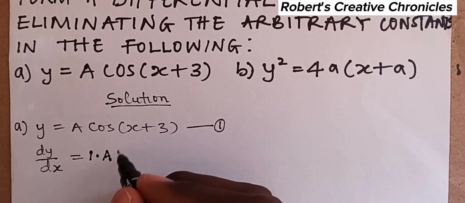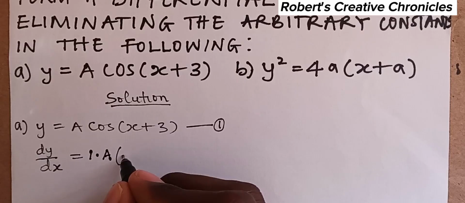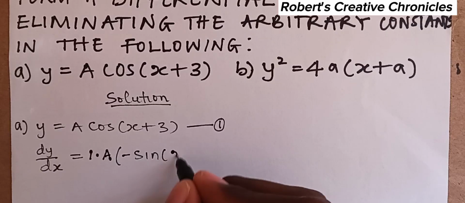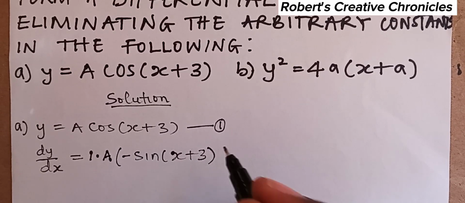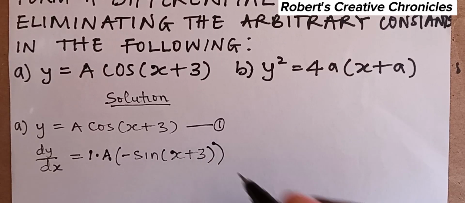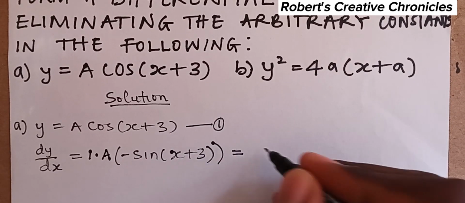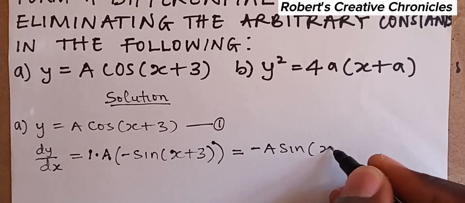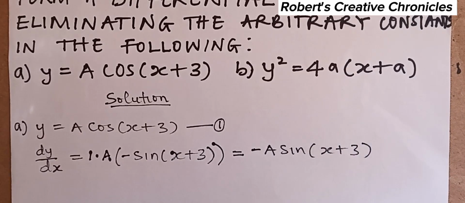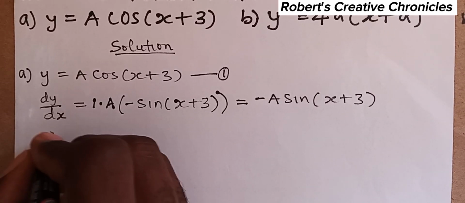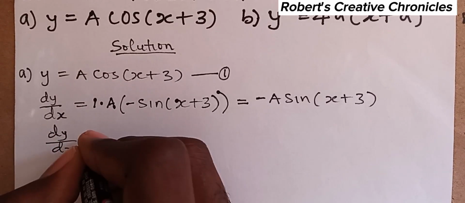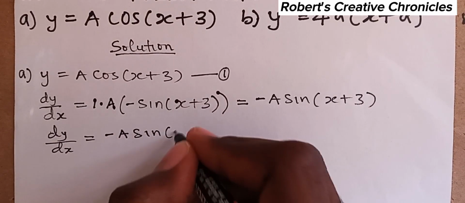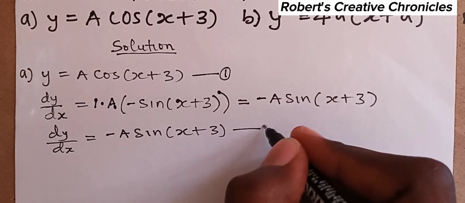The derivative of cos is negative sine, so we get minus sin(x + 3), which is equal to minus a sin(x + 3). So dy over dx is equal to minus a sin(x + 3). So this is our second equation.